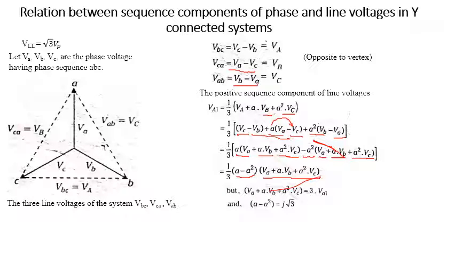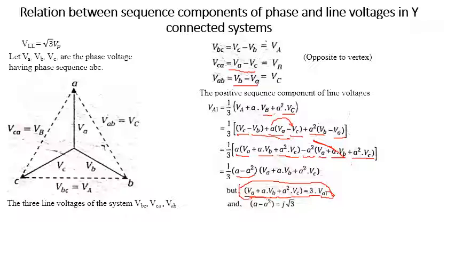But the thing is, we know that A into VA plus A into VB plus A square into VC is equal to 3 times VA. You need to remember that we are going to prove this in the later part of the chapter. If it contains only the positive sequence, this should be 3 times VA.